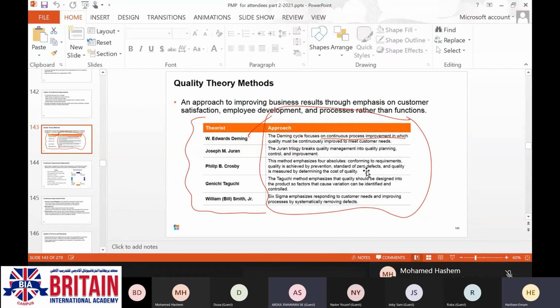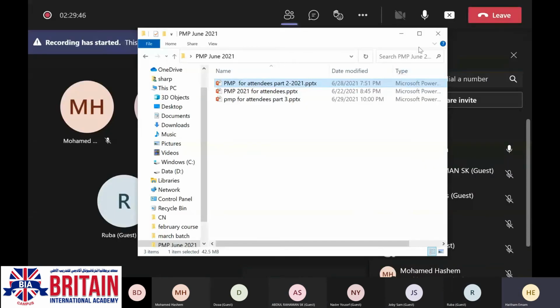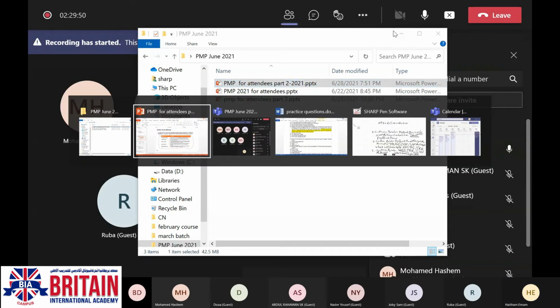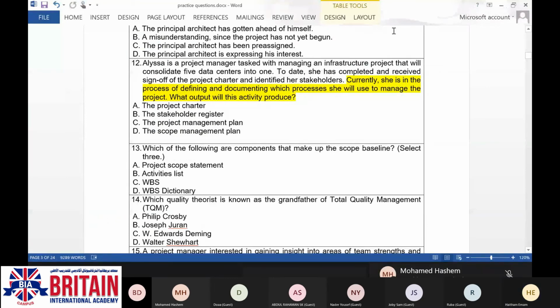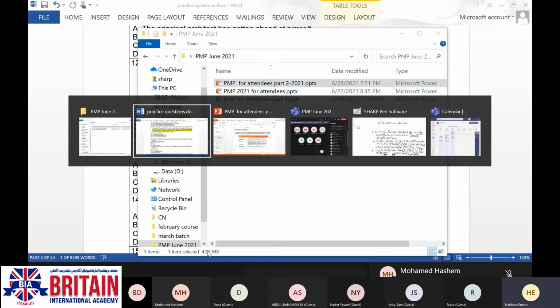Okay, so now the question is talking about total quality management. When it comes to total quality management, we are going to pick answer number D. Answer number D. Just 1 second.